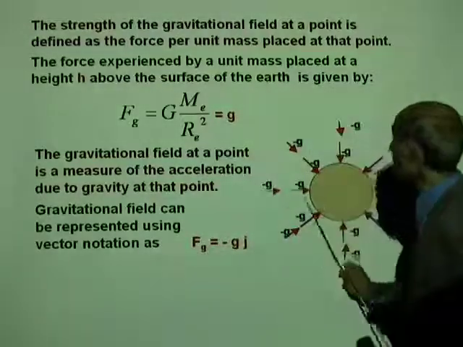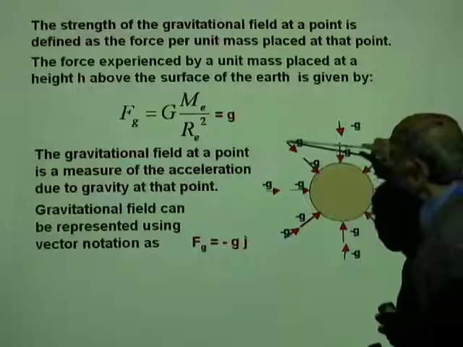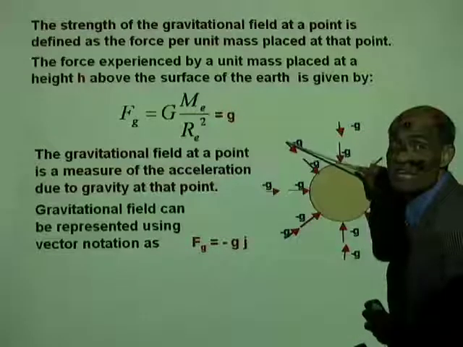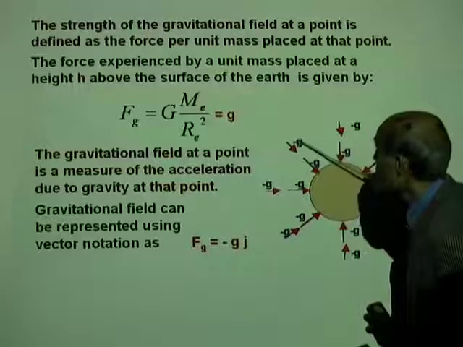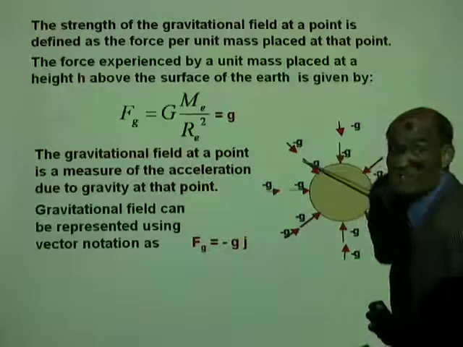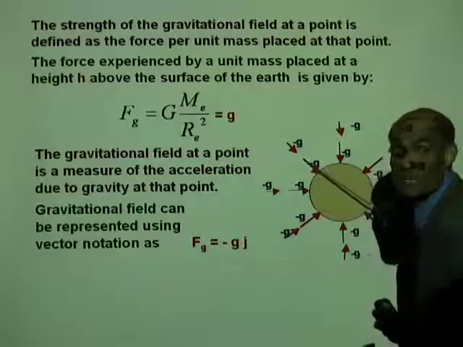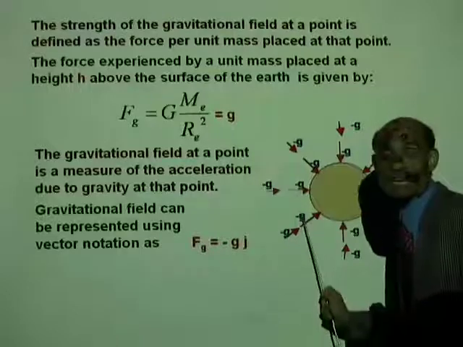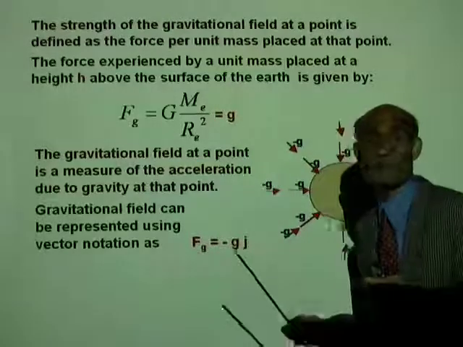So look at the vectors that I have drawn at various points. If you want to draw the gravitational field vector here, it is this arrow, negative g. Whereas the gravitational field at a point nearer to the surface of the earth is represented by a longer arrow. The length of the arrow represents the magnitude of the field.